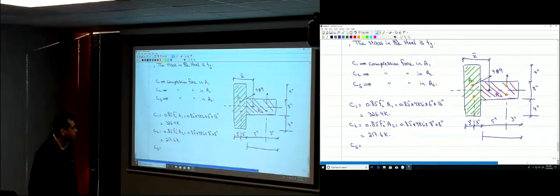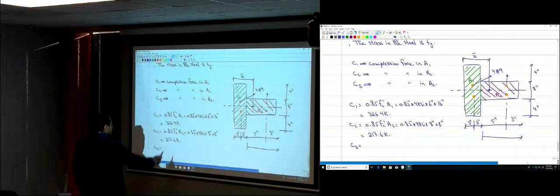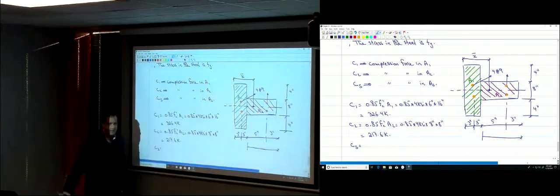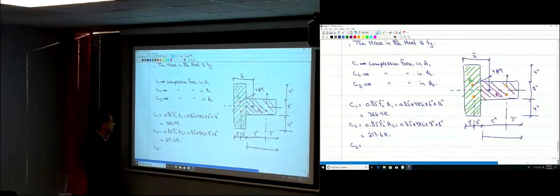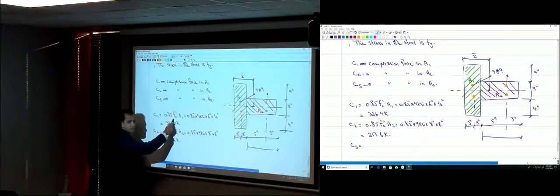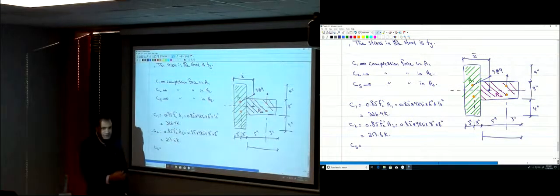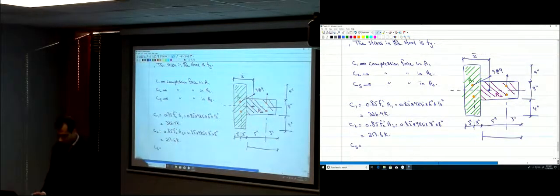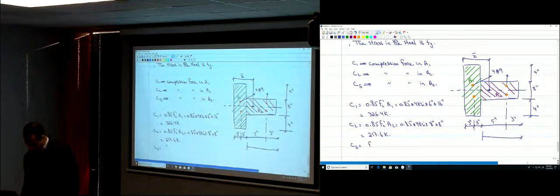How much is CS? The compression force in the steel. The same formula that we used over here. What does this formula say? The force is equal to stress times the area. What's the stress in the steel? F yield. Okay? Multiplied by the area.